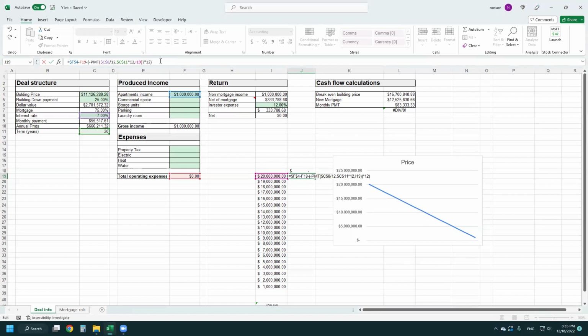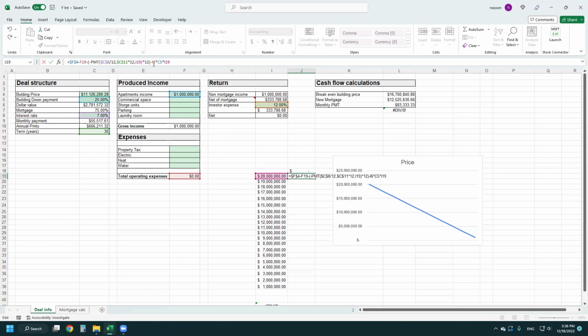What else do we need to do? So we take our income minus expenses minus the payments, and now we need to do minus 12 times 25 times there.